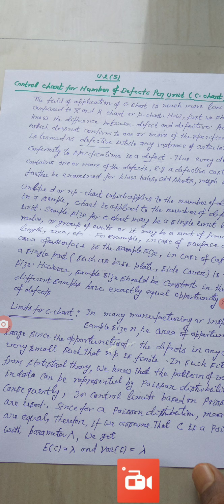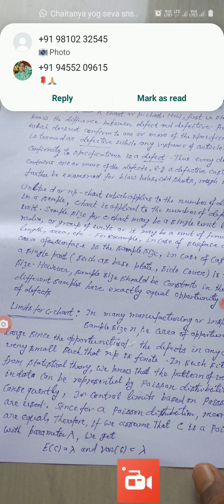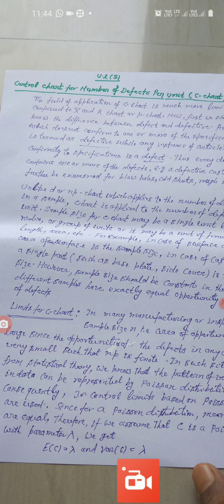Once more, an article which does not conform to one or more of the specifications is known as defective, while any instance of an article's lack of conformity to specification is a defect. Thus, every defective article contains one or more defects.